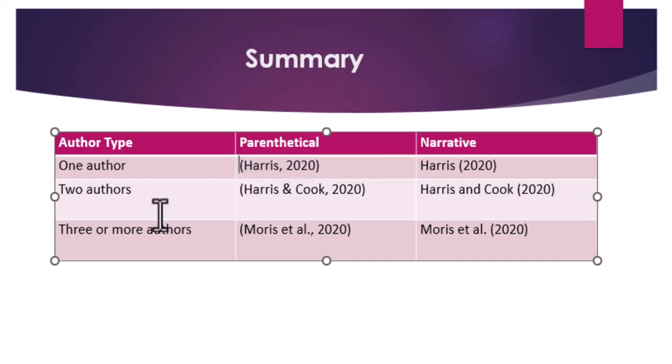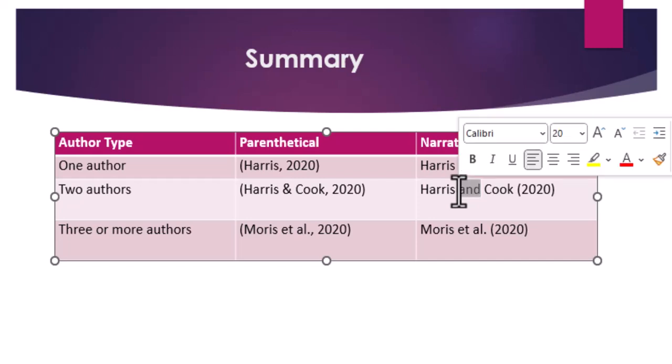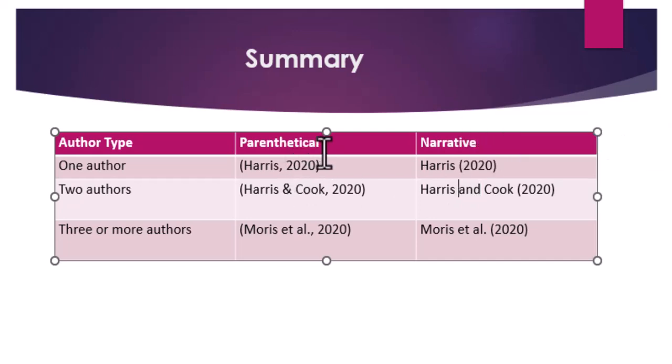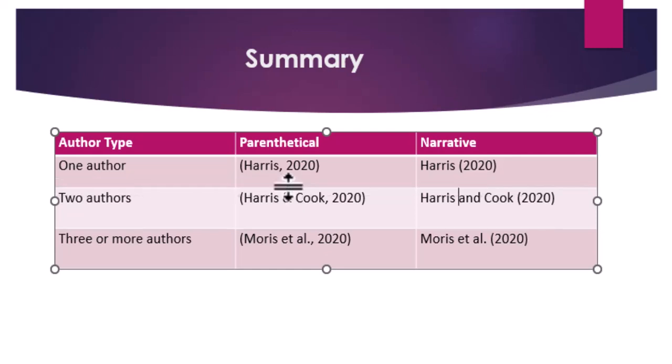Then if we have two authors, that is when we use the symbol "&" or "and". In the case of a parenthetical citation, we use the symbol "&" like that.